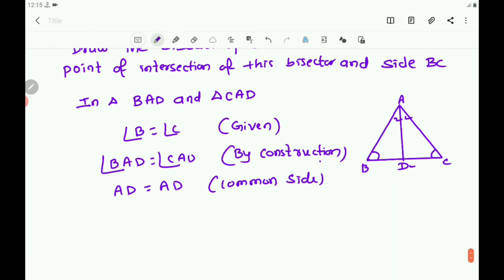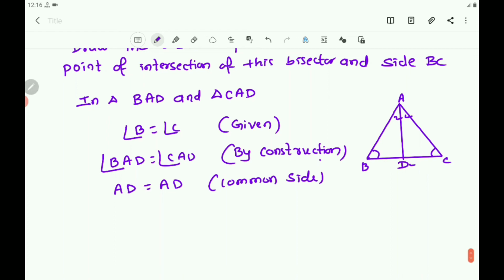Now here two angles and one side of one triangle are equal to the two angles and one side of the other. According to AAS congruence rule, you can write that triangle BAD is congruent to triangle CAD.